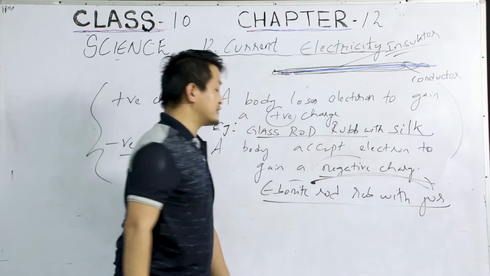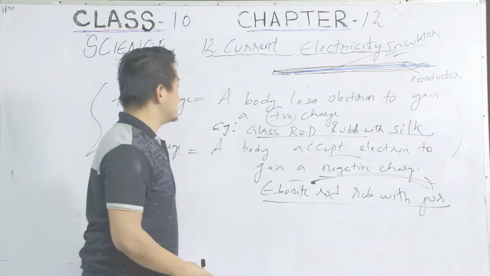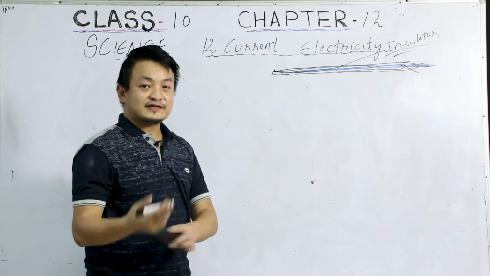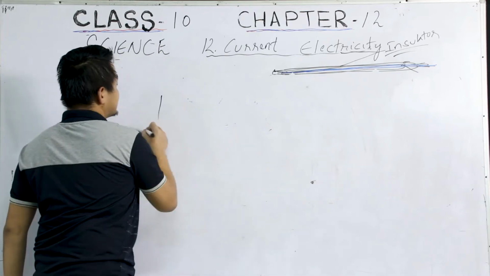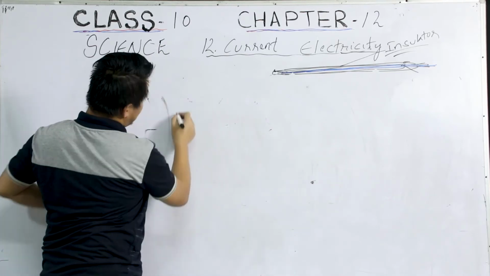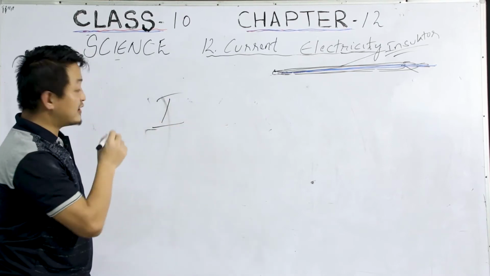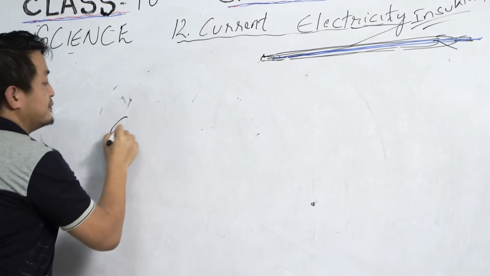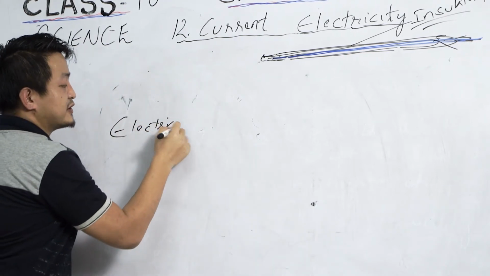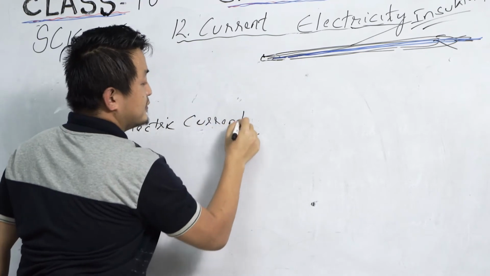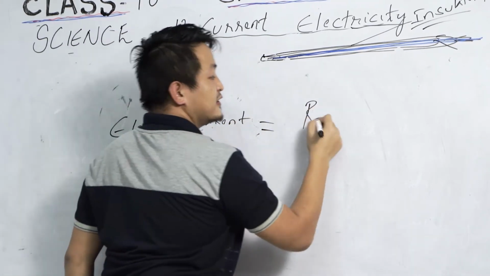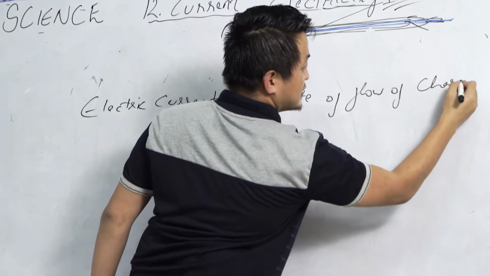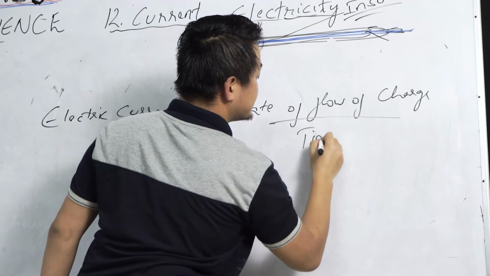Now we'll discuss electric current. Students, speed means distance by time, right? Same as that, electric current is represented by I. Electric current means the flow of charge, the rate of flow of charge per unit time.